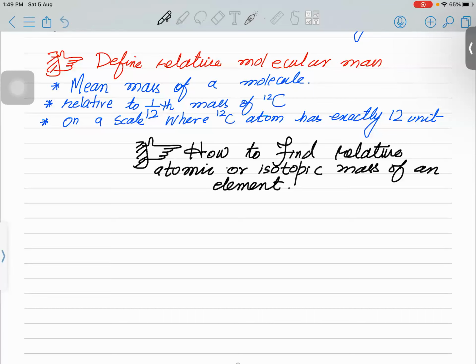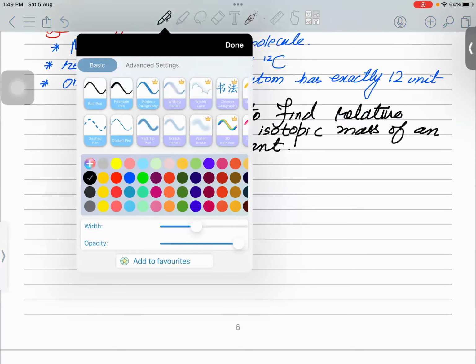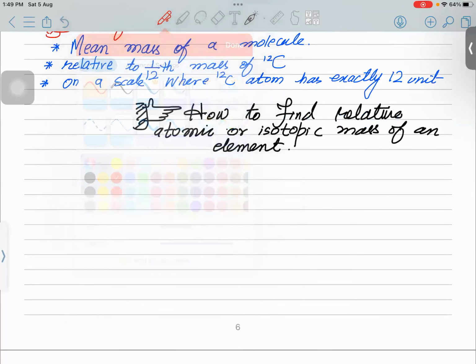Can you tell me how to find it? The relative isotopic mass, I guess it can be calculated by percentage abundance multiplied by the mass of the isotope itself. Exactly. But how do you get the percentage abundance and mass over charge ratio?